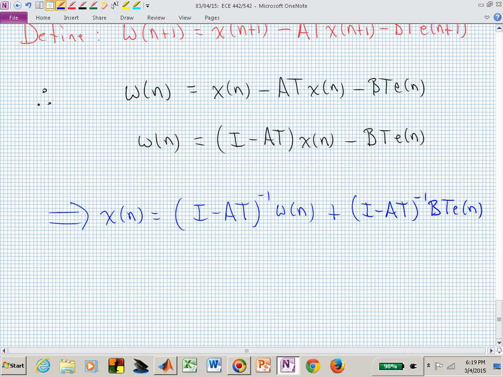It's just ones on the diagonal. If you make capital T small enough, what's going to happen? Well, you're not going to change I very much, and so you're really inverting the identity matrix, roughly. So it's pretty good to assume that this matrix always has an inverse, but that's an excellent question.